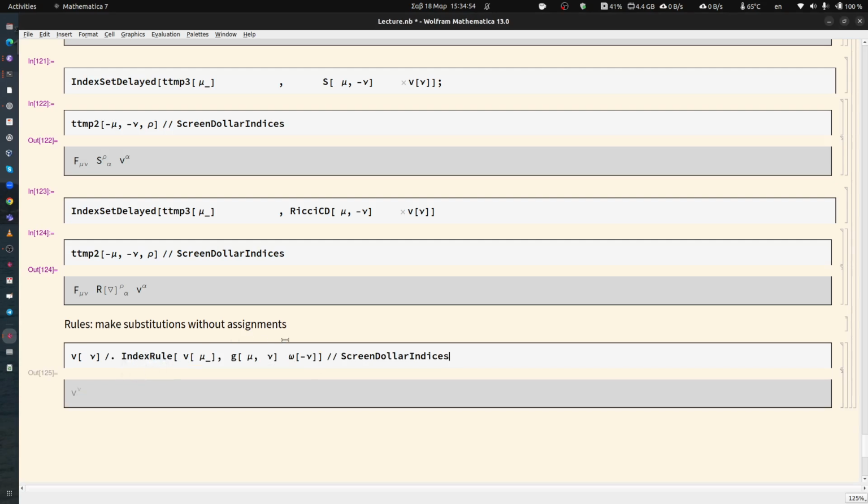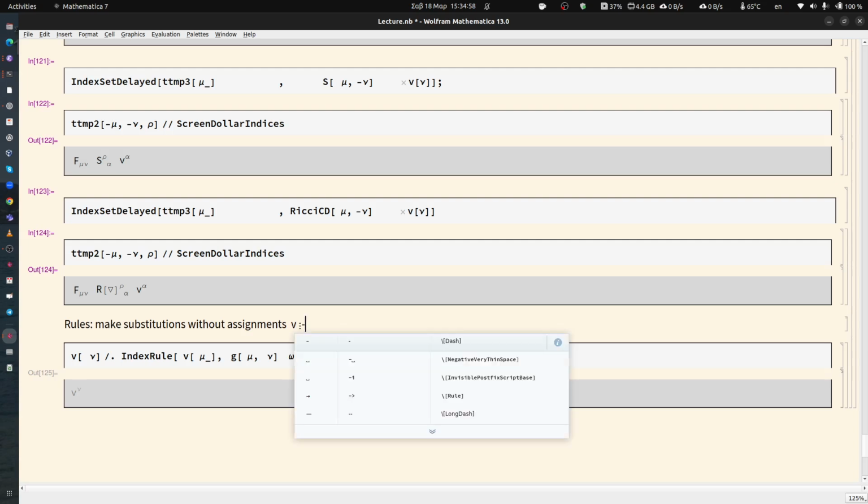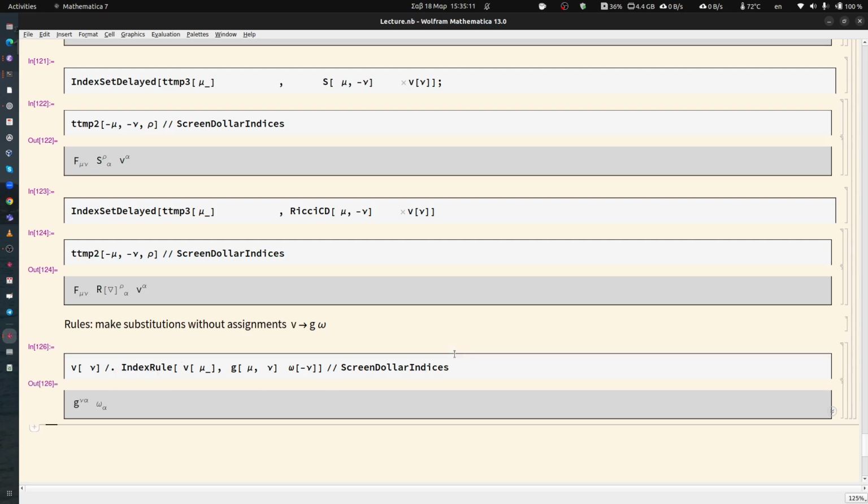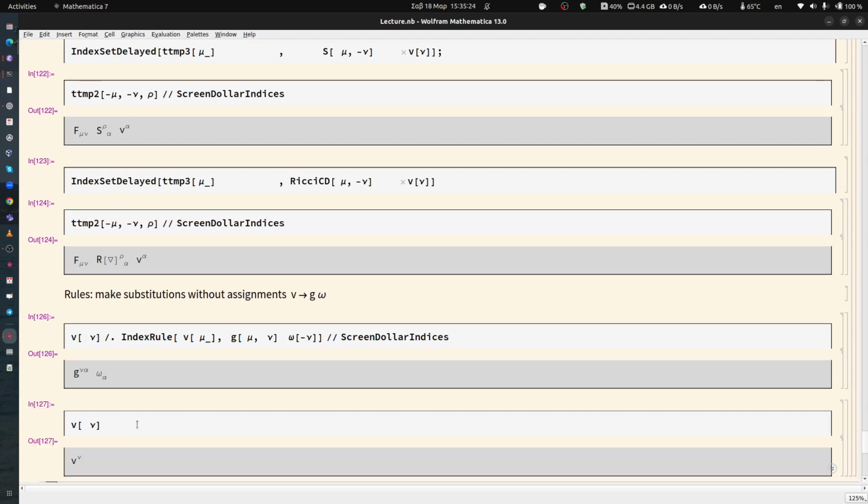IndexRule works something like v goes to g times omega. So now you see that this v has been replaced by the expression found here in the second argument of IndexRule, and the value of v has not changed, so it is the same as before.